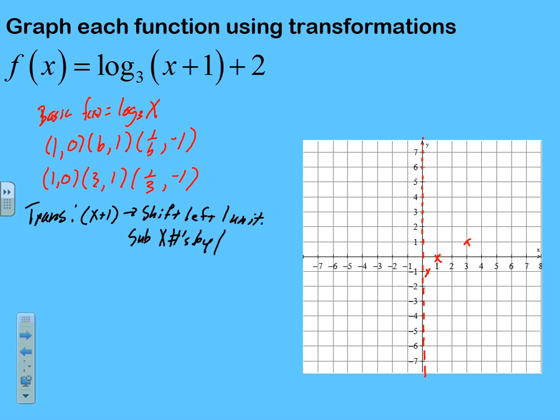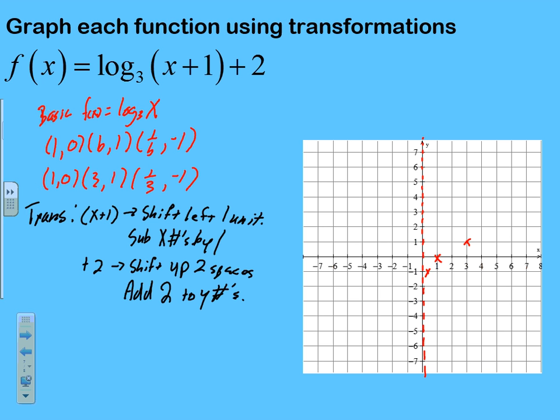And the other transformation that we have is a plus 2, and that is going to simply say to shift the function up 2 spaces. And mathematically, because that's going to be a vertical movement affecting my y numbers, that's going to basically say add 2 to my y numbers.